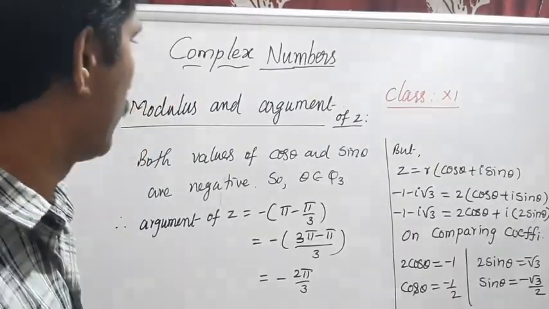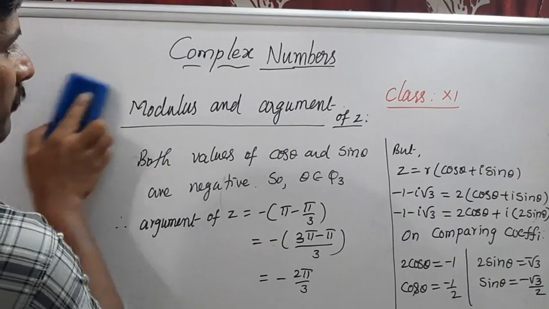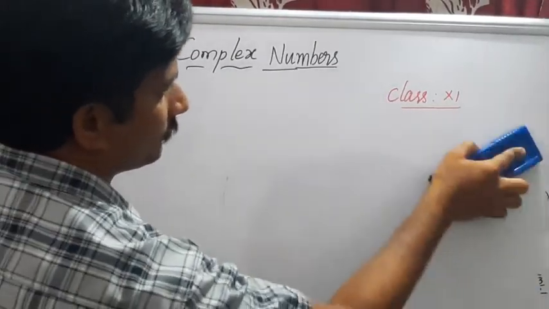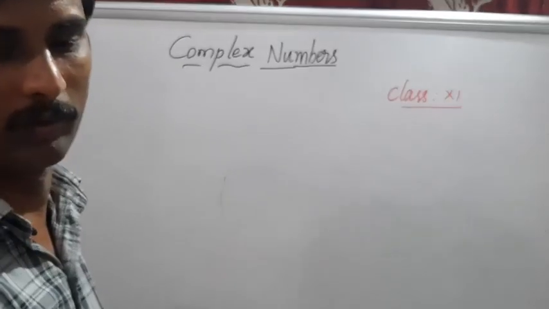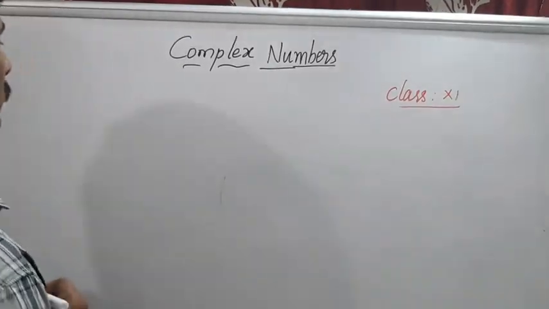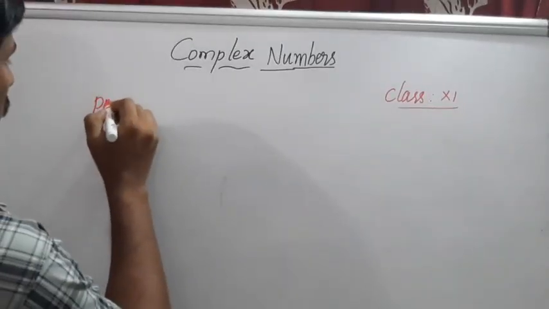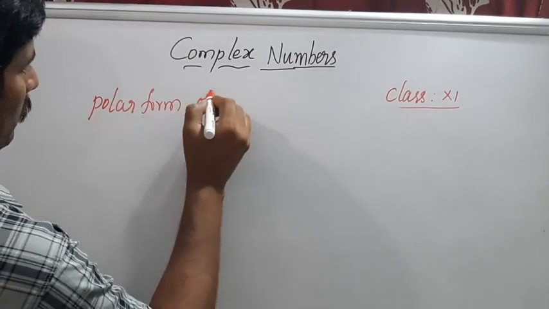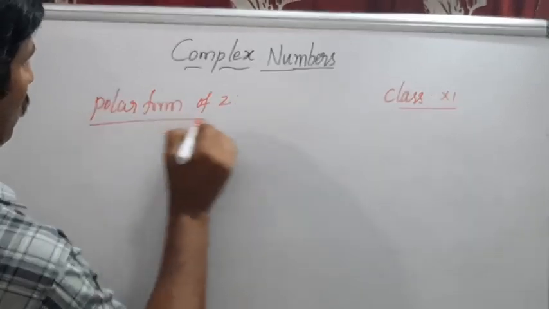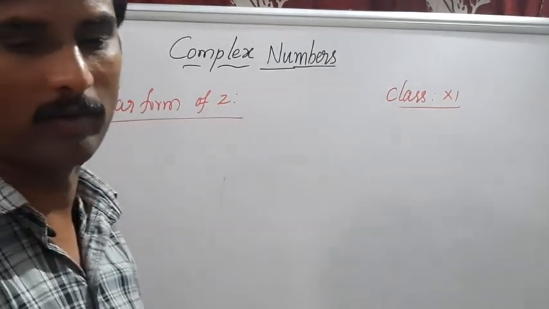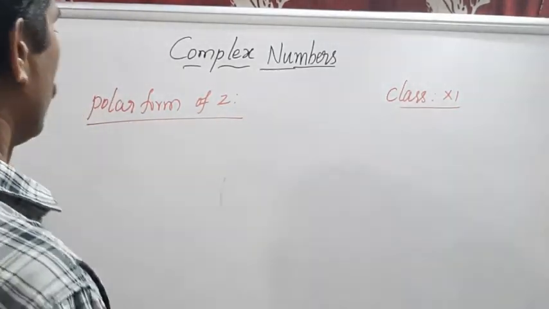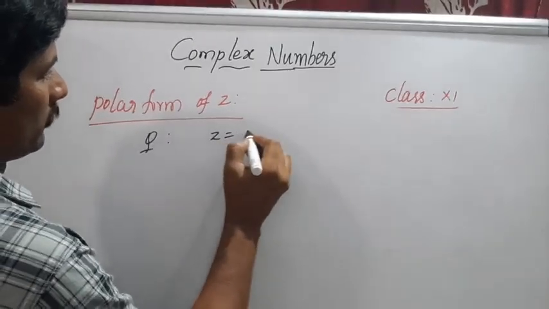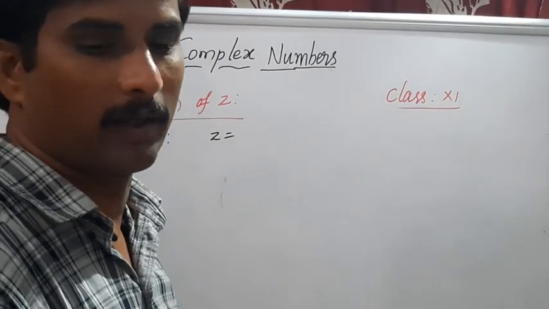Next, we are going to discuss the polar form of a given complex number. Polar form of the given complex number Z is equal to 1 minus i.